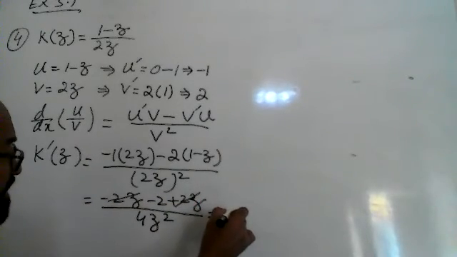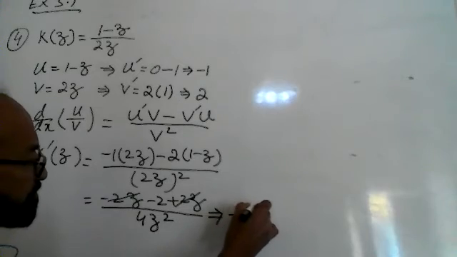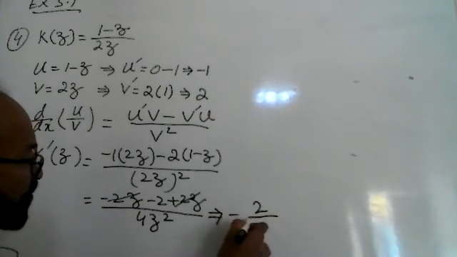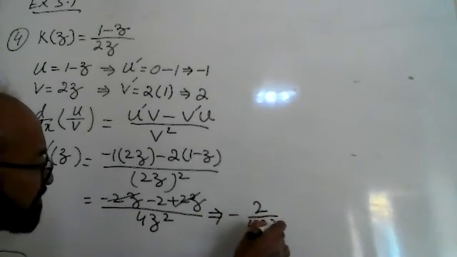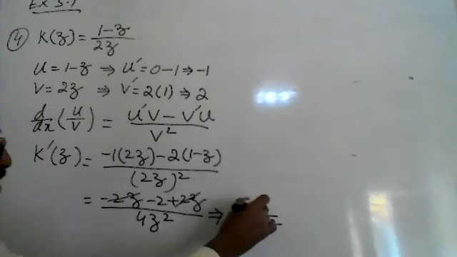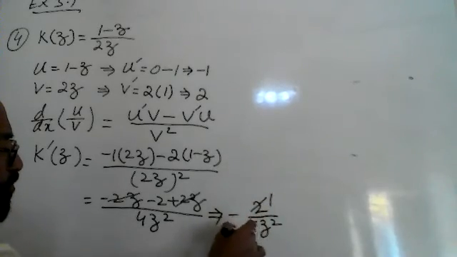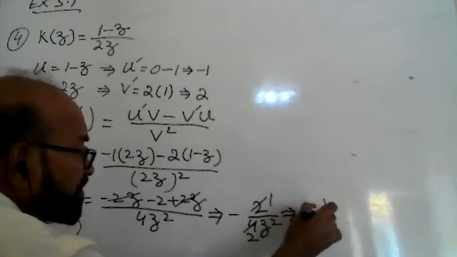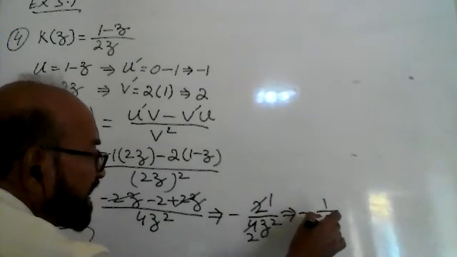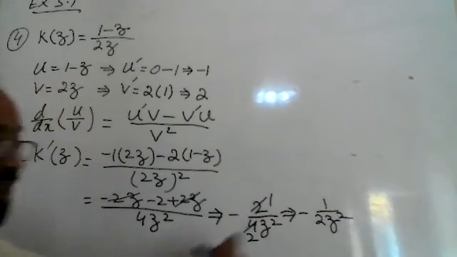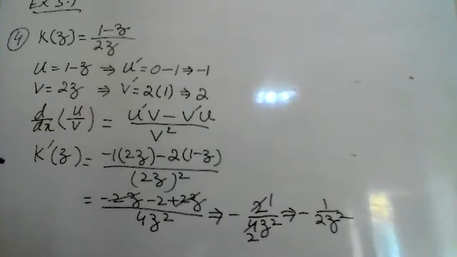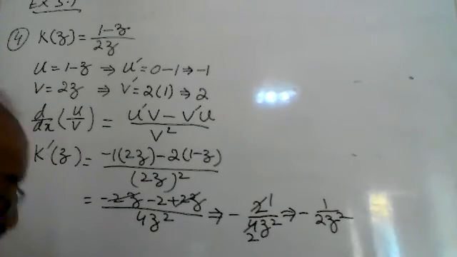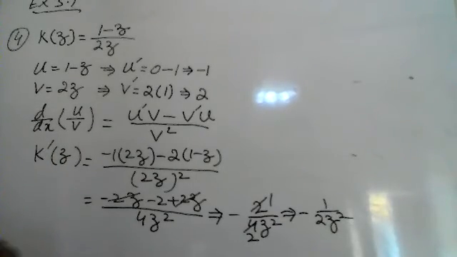This will become minus 2 upon 4z square. Simplify, 2 ones are 2, 2 twos are 4. It will become minus 1 upon 2z square. Then we can find the values.